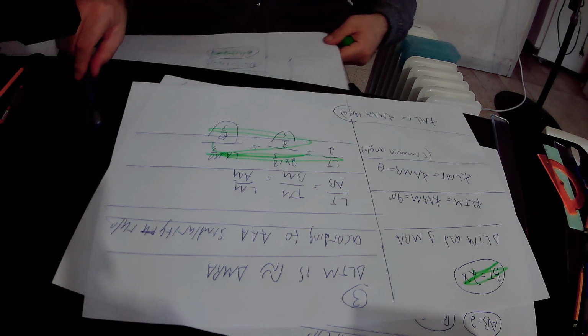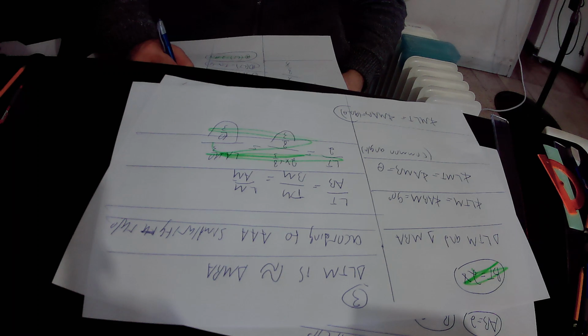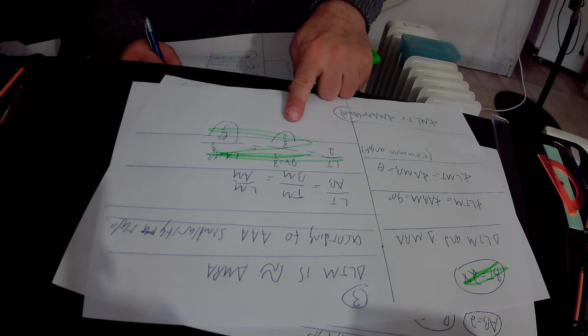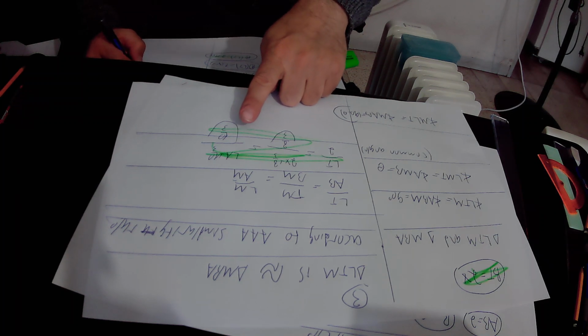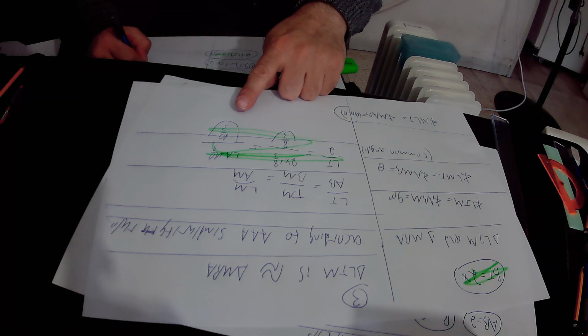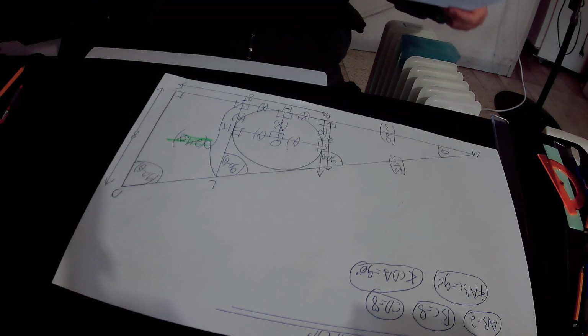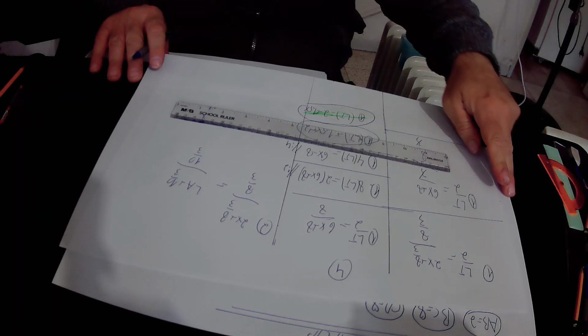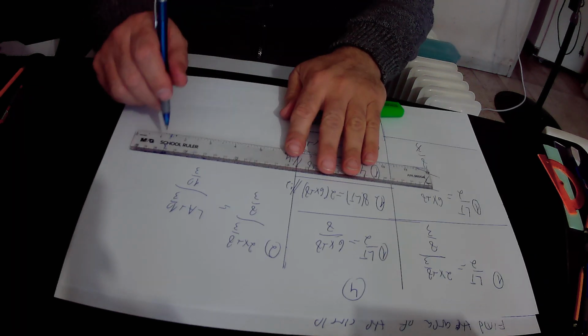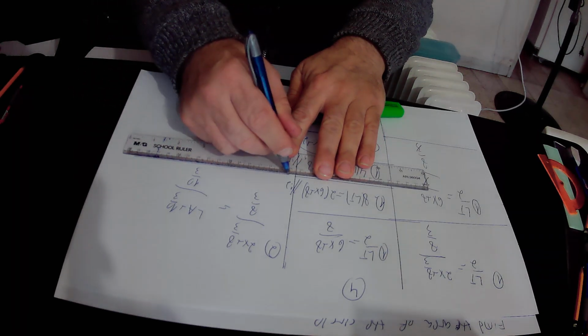So according to equation 2, we get that 2x plus 8 over 3 over 8 over 3 equals LA plus 10 over 3 over 10 over 3.